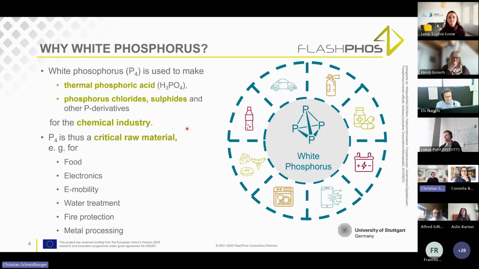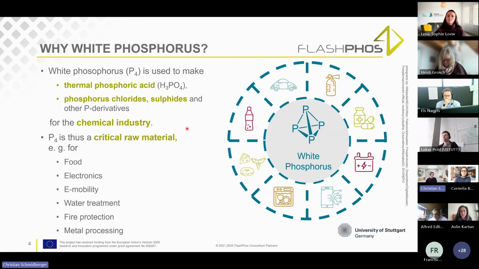So why did we choose to go with white phosphorus? White phosphorus is the keystone for the chemical industry. You can produce thermal phosphoric acid, which is a very pure product, and you can produce any kind of phosphorus chlorides or sulfates or other phosphorus derivatives, which are widely used in various sectors.